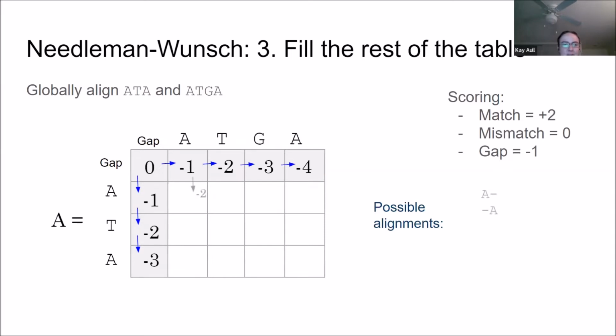And now you get into the interesting portion. You say, okay, what happens if I open up another gap heading down? Then I would get 1 more gap penalty, and I'd be at -2. What happens if I extend from the origin? Hey, these match. It's actually +2, so I get +2. And then opening up a gap is worse.